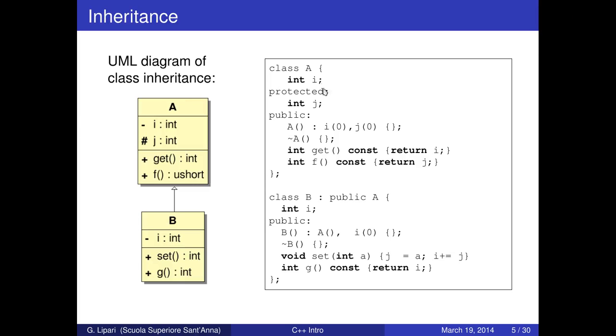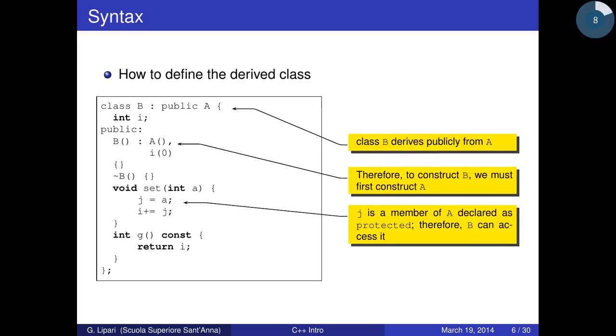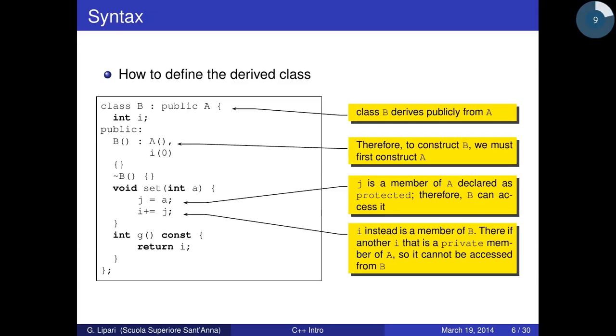Inside class A, when we say I, for example in function get, we are actually referring to the I declared inside class A. Instead, when we say I inside class B, we are referring to the internal member I of class B. So the scope is based on which class we are using. I is a member of B. There is another I that is a private member of A, so it cannot be accessed from B.